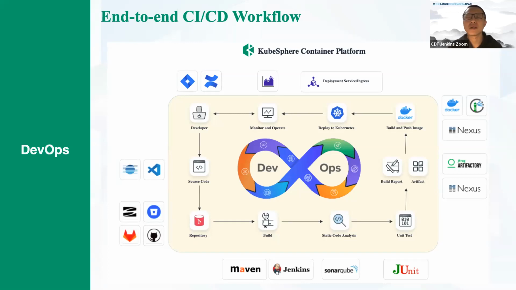Of course, once we have the image, we can deploy it to Kubernetes and update your application. About the artifacts, we can integrate several different kinds of software. For example, many users push their images to Harbor, and they can deploy the Maven project to Nexus.